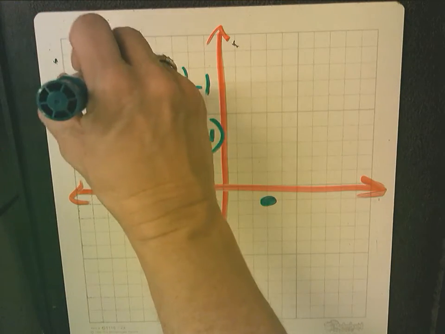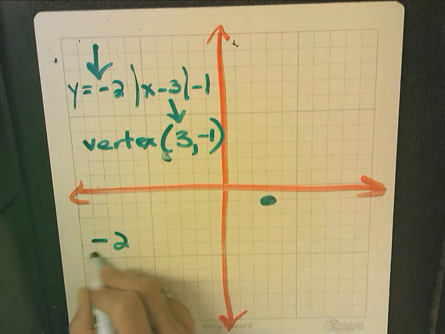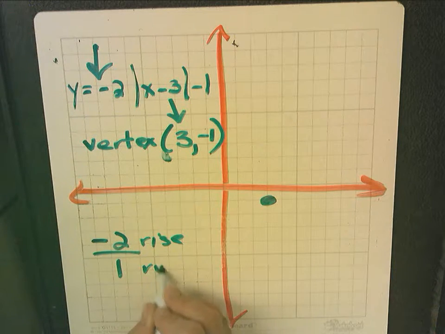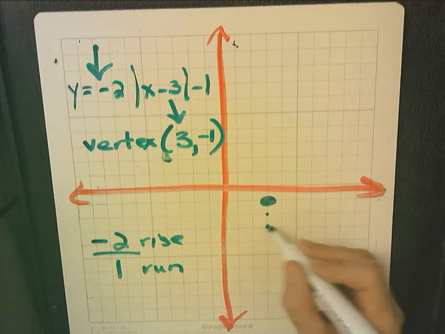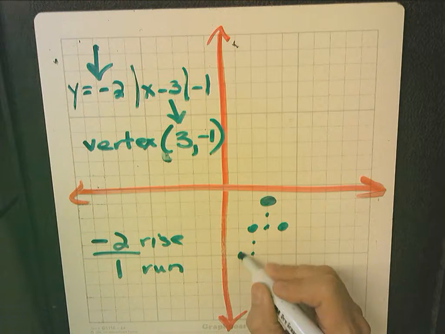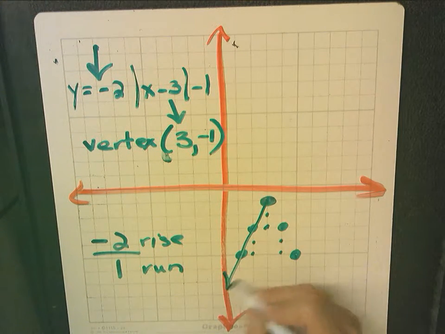Now, a is negative. A being negative means it's going to face downward. So I rise -2 and I run 1 from the vertex. So I go down 2 over 1, down 2 over 1, down 2 over 1, down 2 over 1.